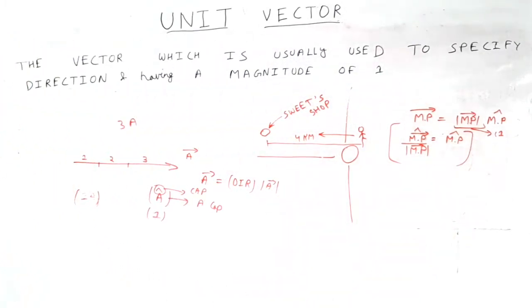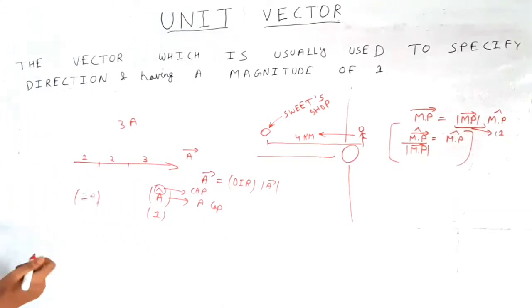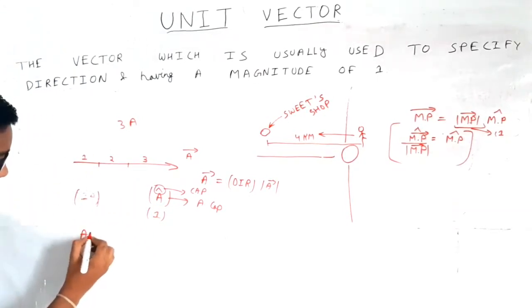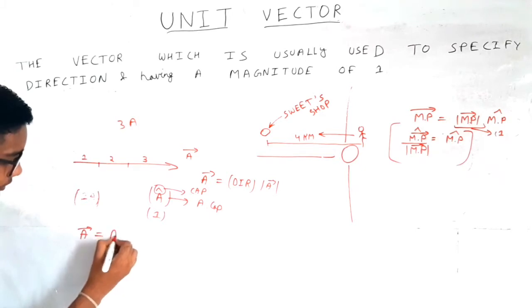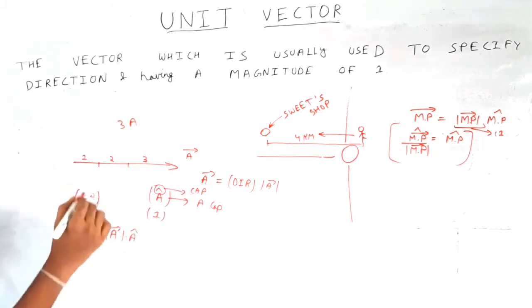Then we can say it is also valid for vector A. How is it valid for vector A? Vector A is equal to the magnitude of A times A cap.